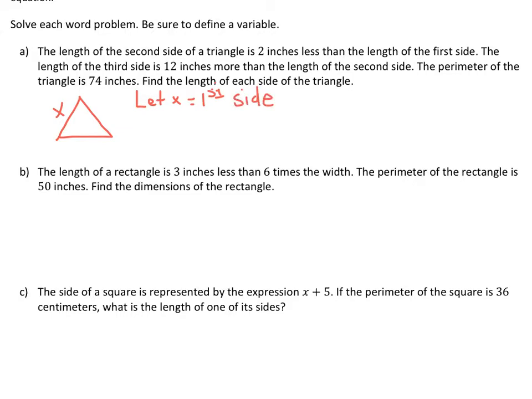We then have the length of the second side is 2 less than the first side. And I know the first side was x. So let x minus 2 equal the second side.